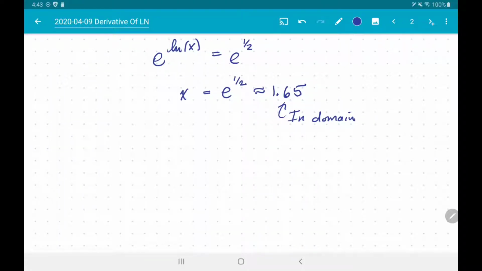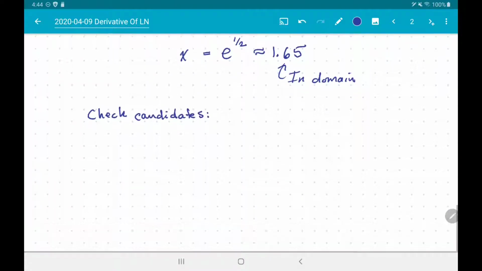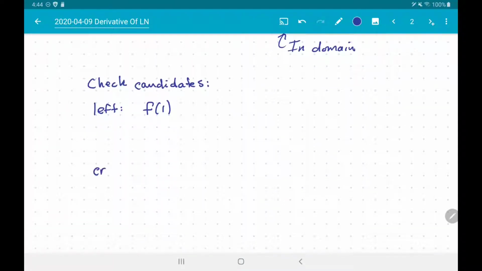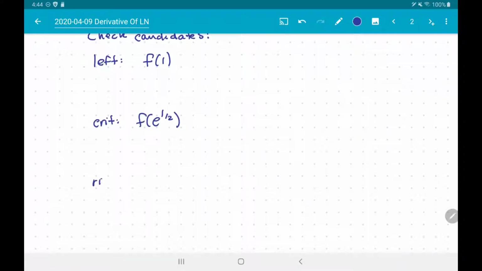Now we have to check the candidate points. Remember, there are 3 of them. We have to check the left endpoint of the domain, f of 1. We have to check the critical number, so that's f of e to the 1/2. And then we have to check the right endpoint, which is 2.